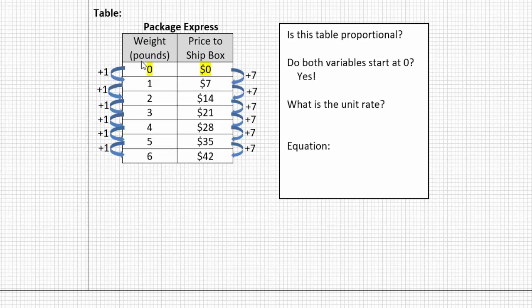So if you have a package that is 1 pound, it'll cost you $7. If you have a package that weighs 6 pounds, well, 6 times 7 is 42. So notice how we can find that unit rate and how it might help us write our equation.